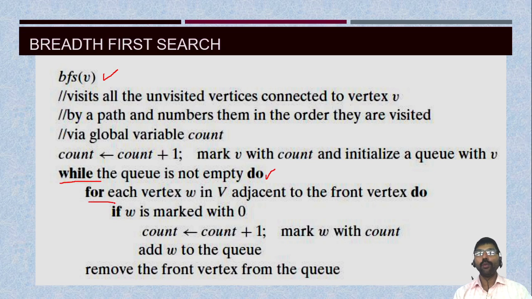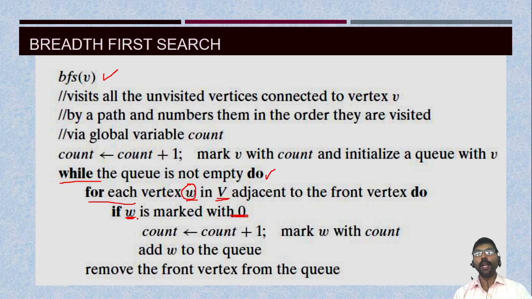In this while loop, we are using one for loop. This for loop takes the adjacent nodes of that front vertex. For the front vertex V, what are the different adjacent nodes? That is nothing but W. Take W from the vertex V and check whether that adjacent node is visited or not.